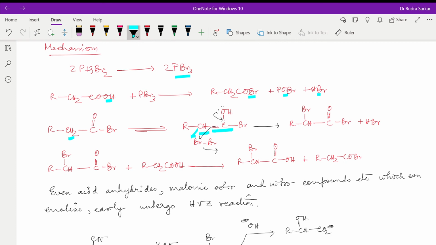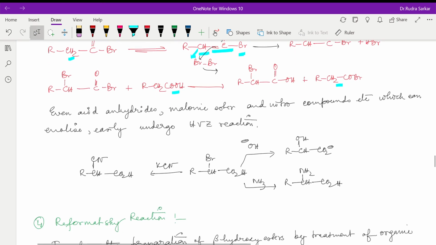So the alpha CH gets brominated, which then further reacts with another acid molecule to form alpha bromo acids, and regenerating this molecule again. Here the reaction is also possible for anhydrides, malonic esters, and also nitro compounds, which again importantly react because they can enolize.